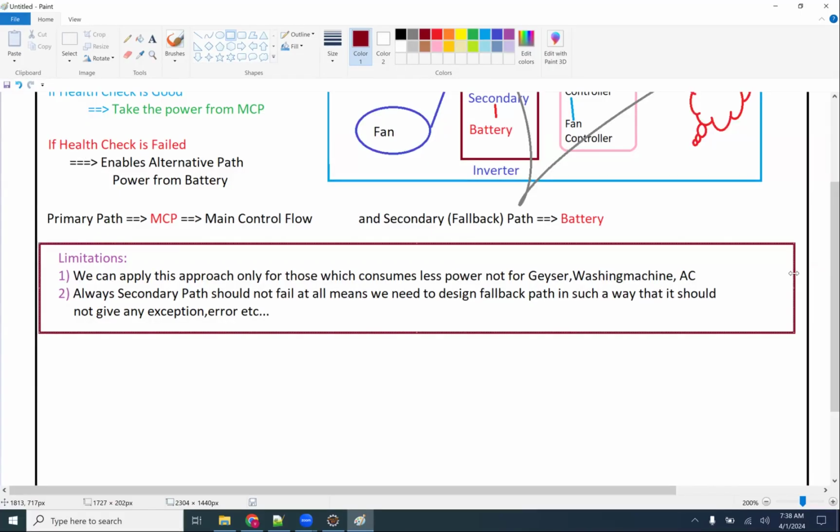AC, the washing machine, geysers, all high consuming electrical points, I cannot use them 24/7. Can I use AC 24/7? No. Washing machine? No. Geyser? No. Their frequency of usage is not as much as electric bulb and electric fan.